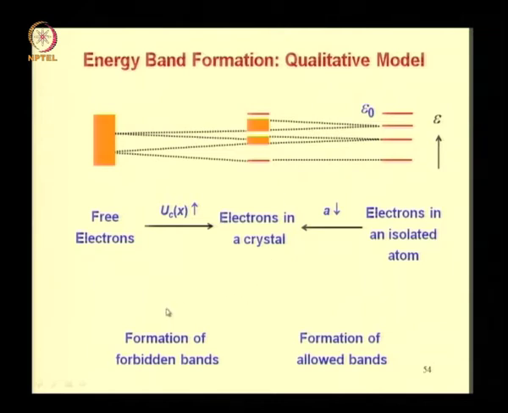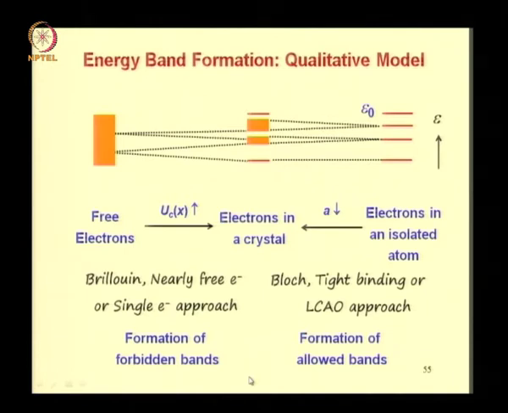Now these two methods, that is formation of forbidden bands and formation of allowed bands, are referred to as follows. So the formation of forbidden bands from the picture of a free electron, the continuous energy levels of a free electron, is referred to as the Brillouin nearly free electron or single electron approach.